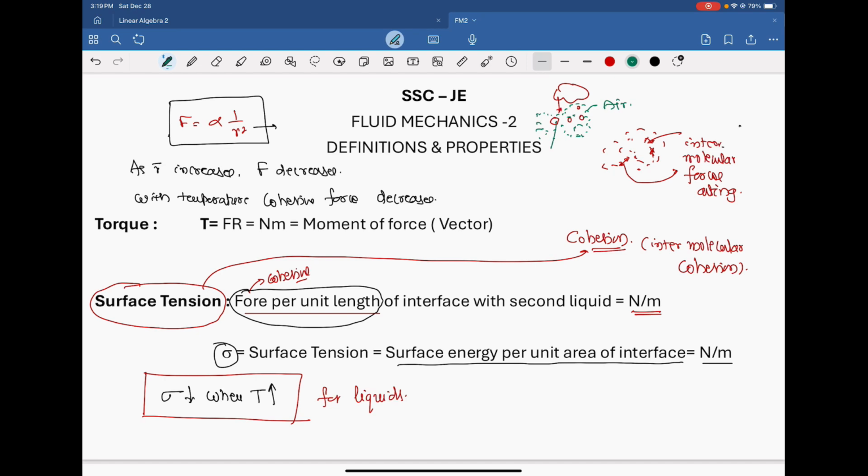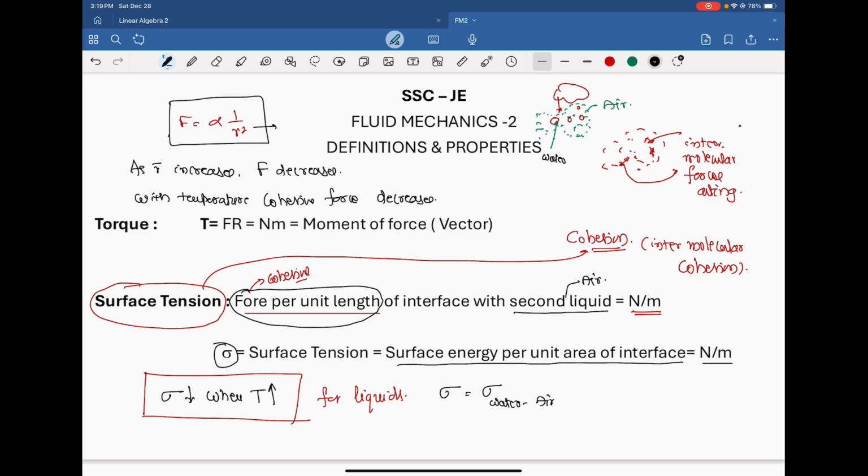This is water. Surrounded by air. Then sigma, surface tension, is represented as sigma of water surrounded by air. Instead of air, that is what is called the second liquid in our definition. This is air.